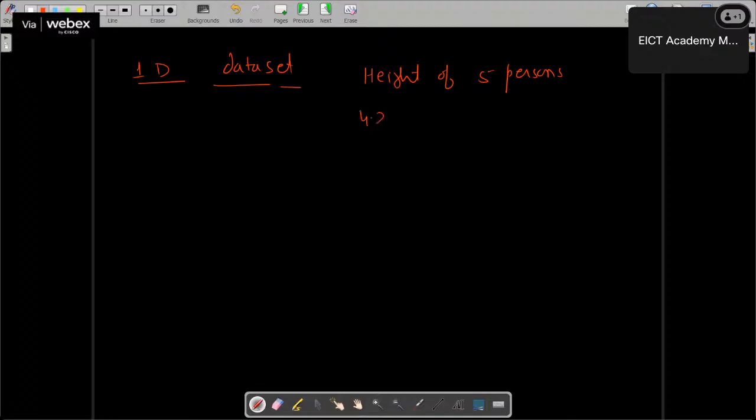So height, that is 4.2 feet, 3.9 feet, 4.1 feet, 5.8 feet, 6.0. Clear? So based on this one-dimensional data, I want to do the clustering.